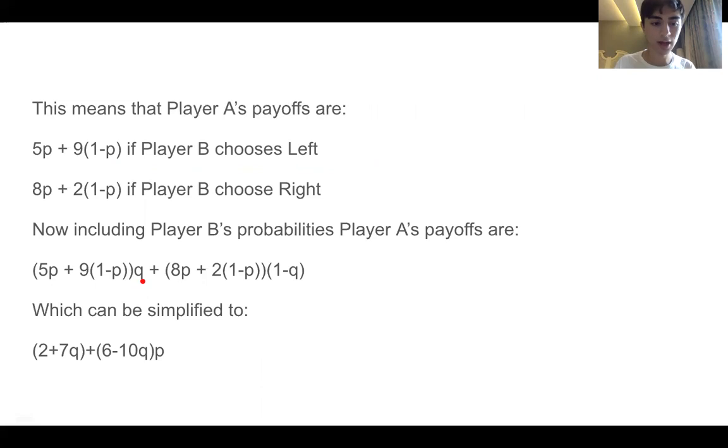I don't care. You plug it in, and that is player A's expected payoff in a given round. If you repeat this game a bunch of times, the expected average payoff for player A is this. Does that make sense? Am I making sense?